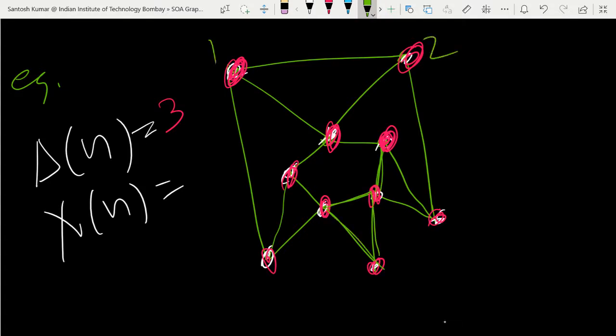You can do this 1, 2, 3, then 2, 1. Suppose I give 3 here, I have to give 2 here. Suppose I give 1 here, then I give 3 here, then I have to give 1 here. Fine. So check if any adjacent vertices have the same color. There is no such case. Okay, so chromatic number is 3.